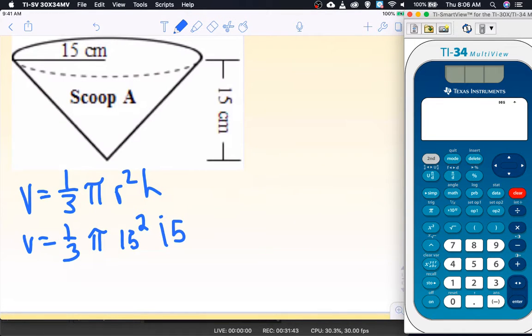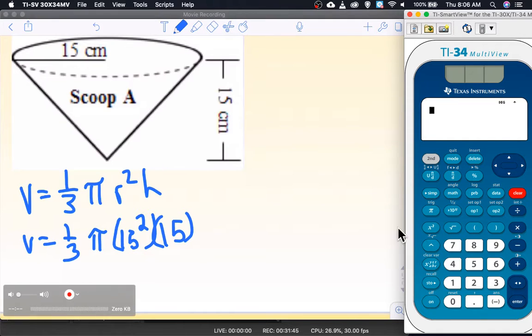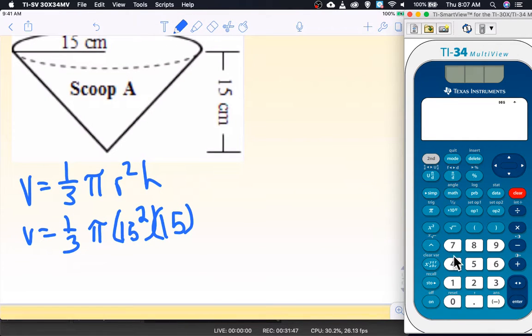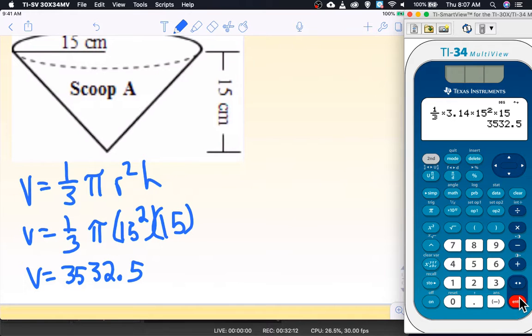I can just type that straight into the calculator: 1/3 times pi times the radius squared times the height. Double checking, 1/3 pi radius squared height, okay, equals 3,532.5 centimeters cubed would be the volume of this scoop.